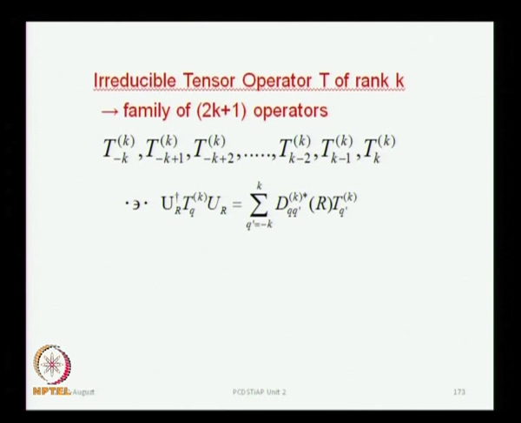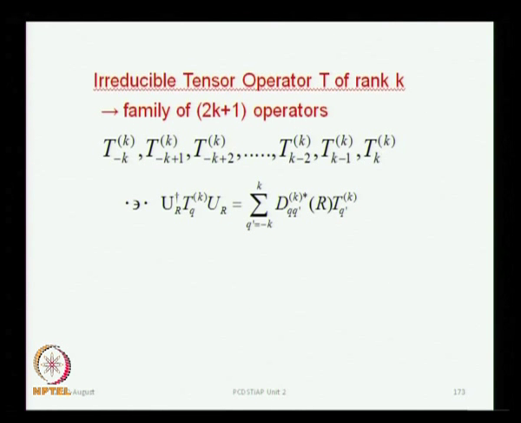The right hand side tells you that the response of any member to rotation is that the result is expressible as a linear superposition of the entire family of the tensor operators with appropriate coefficients, and these coefficients are the Wigner D matrix elements.